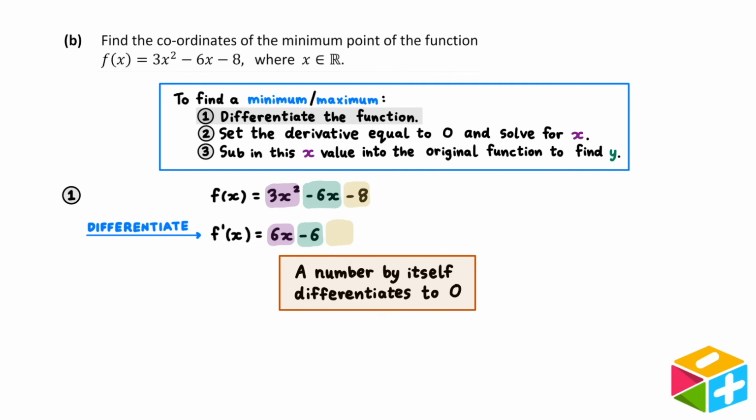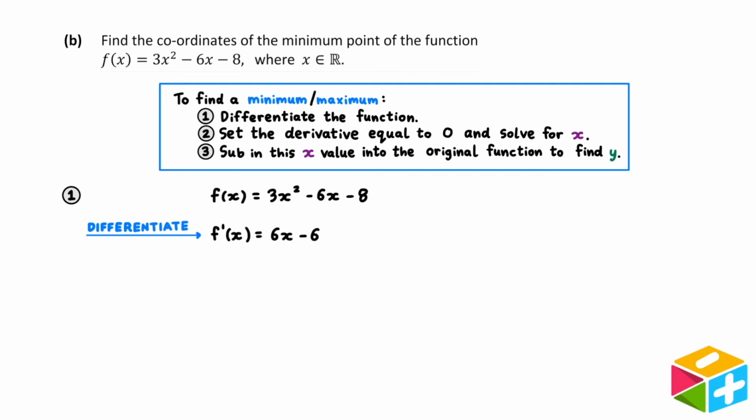There's a useful fact which says a number by itself differentiates to 0. So this minus 8 will simply differentiate to 0. In other words, it disappears. So we've obtained our derivative, f dashed of x is equal to 6x minus 6.